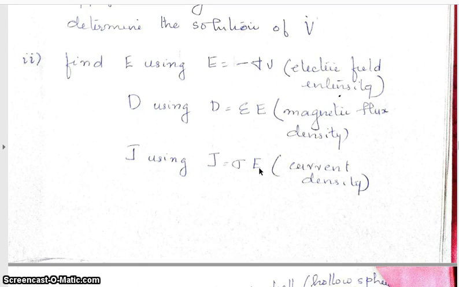So in short, the point you have to keep in mind is that you have to use Poisson's equation or Laplace equation if you do not have any knowledge about the inner space of your surface. That means you don't know what is happening inside your surface.